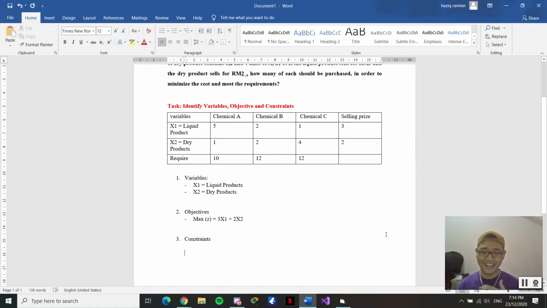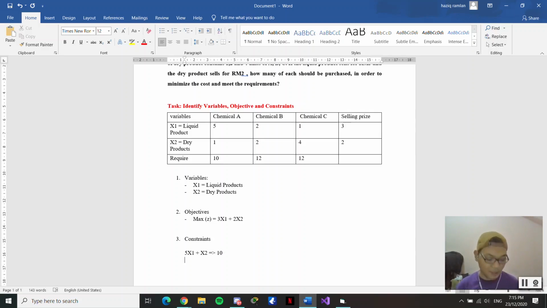So for chemical A, I'm going to put 5 under the liquid product, so 5x1, and then we plus dry products, which is 1 over here, so we don't have to put 1, we can just put x2, and then the symbol less than or equal to 10.